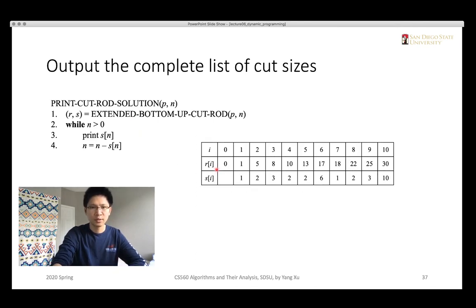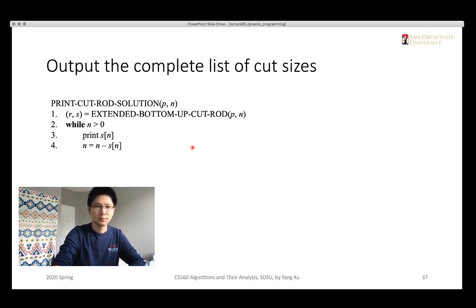Given an input size of n, we first obtain the optimal solutions in R and the optimal ways to cut in S, and then we print all the elements in S in order.